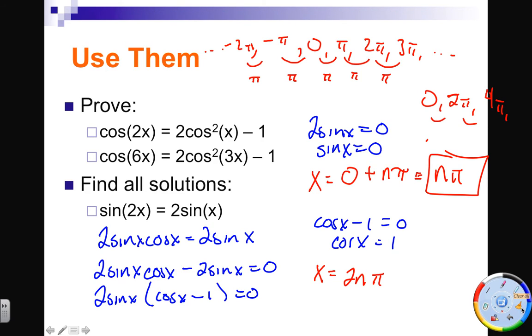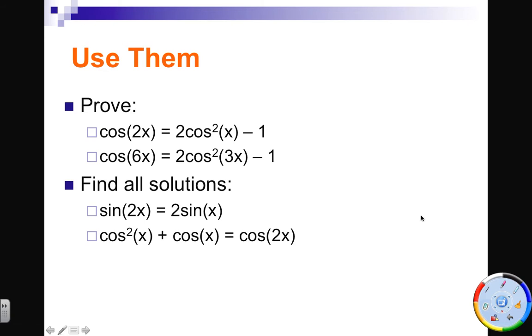Okay, what else do I have here? What about cosine squared plus cosine equals cosine of 2x? Well, same idea goes here. I don't really want this double angle at all, but I do want everything in the same variable. So if I look at my double angle for cosine, I have 3 variations. And I want the one that only says cosine in it because I want to keep everything the same.